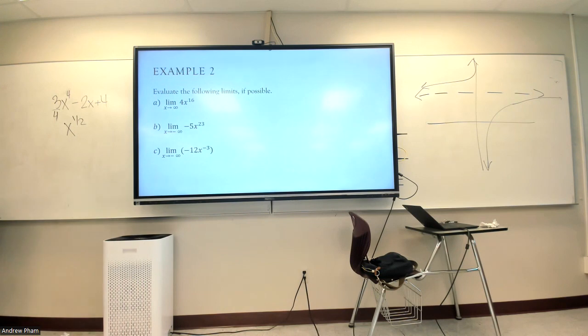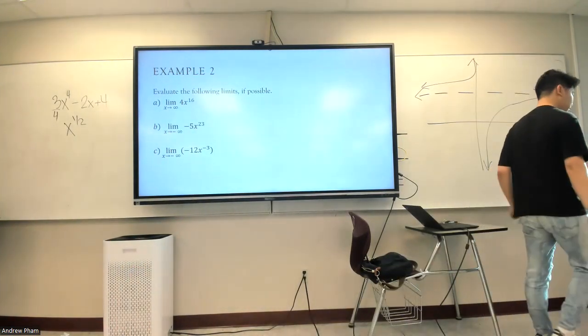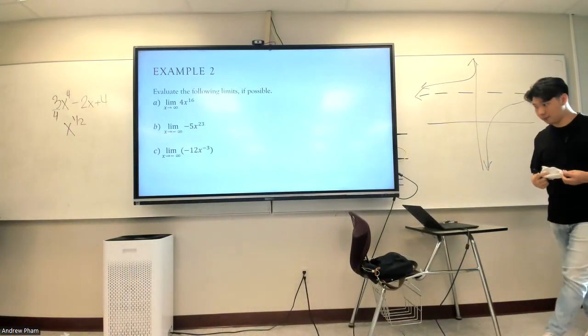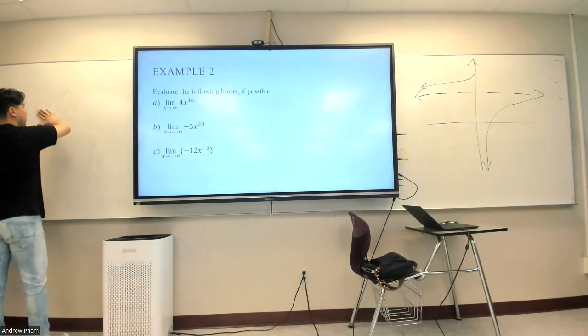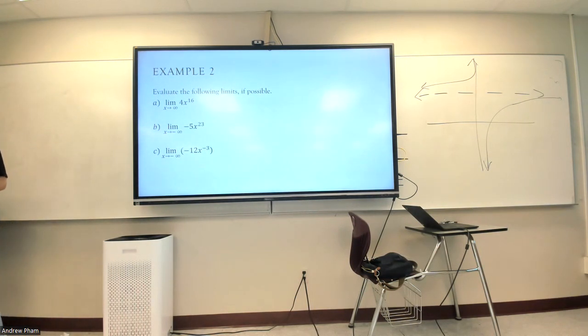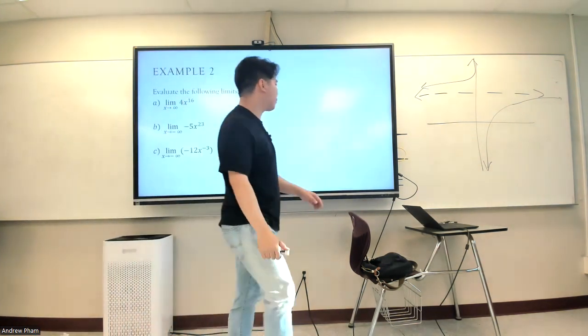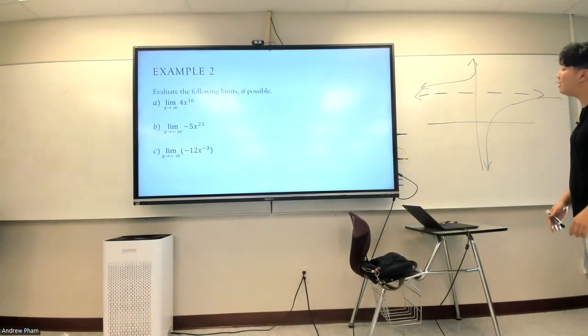I want to figure out what these 3 limits are. And I'm going to show some expressions that are technically not very formal, but they're going to help us decide what the final answer is actually going to be. I'll give y'all a second to go ahead and copy down the instructions if you want.